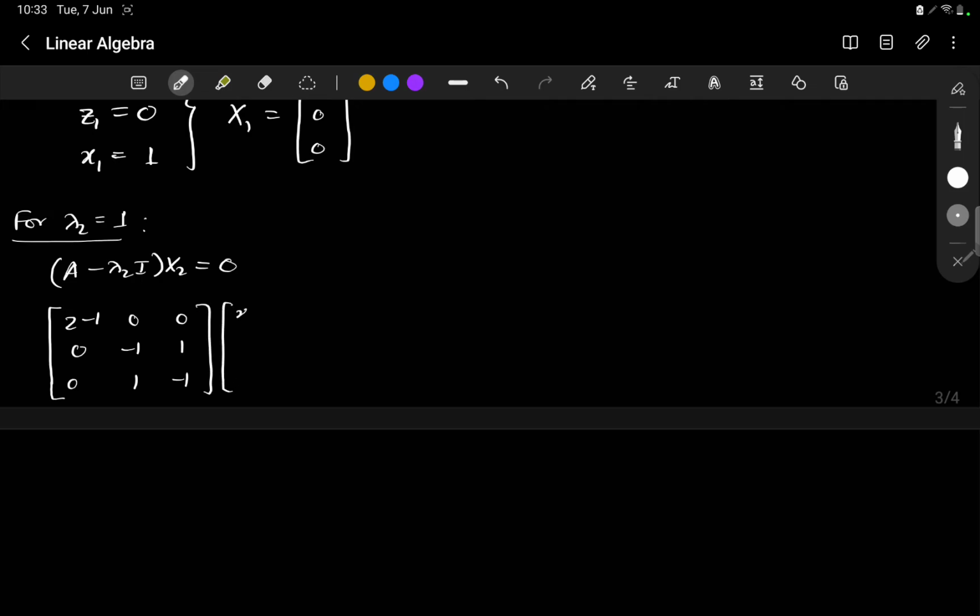So for x2 we will keep x2, y2, z2 as the components.